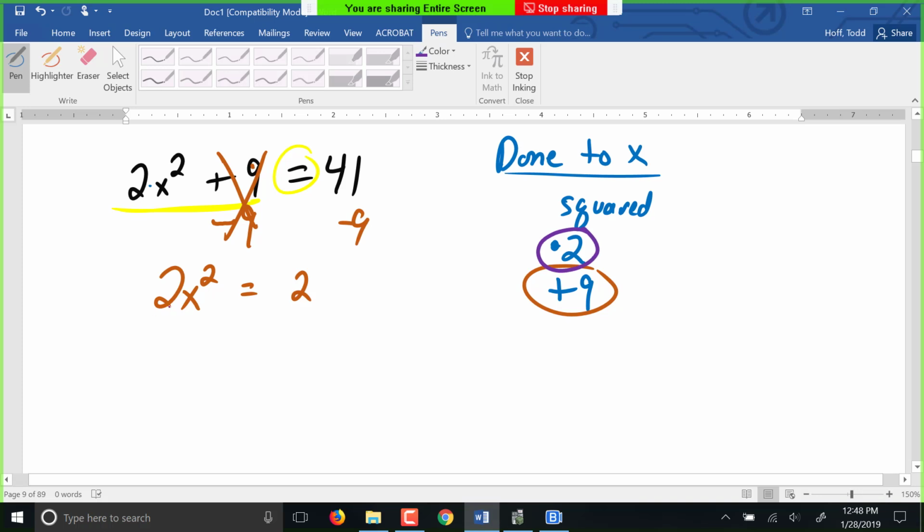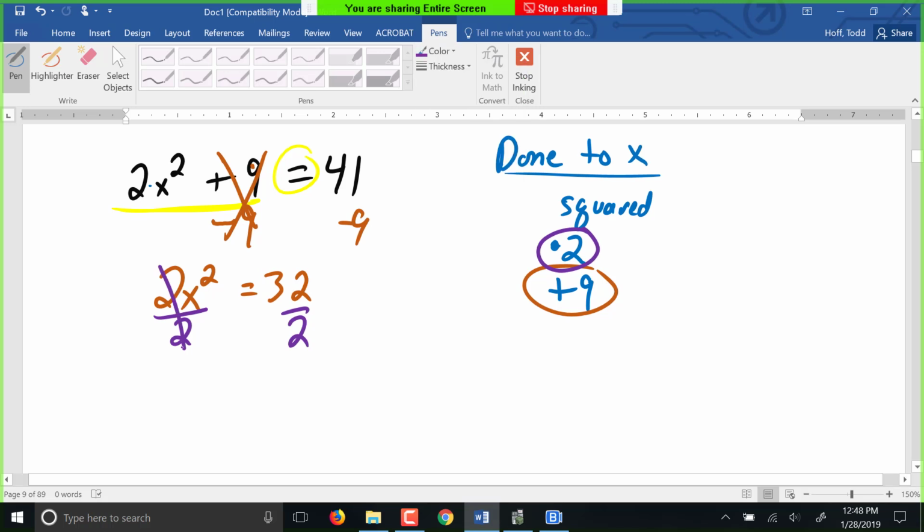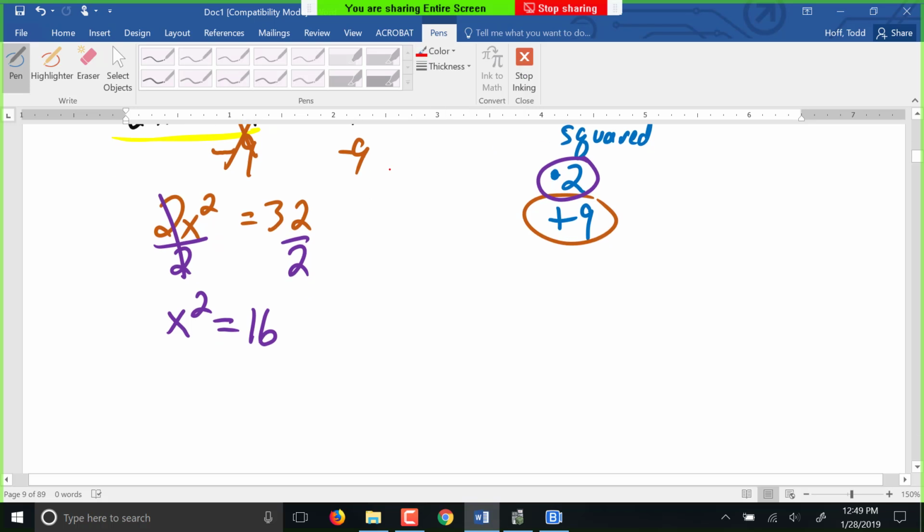So we remove the multiplication, so we divide by 2. Good. Again, we do it to both sides. There we go. So dividing by 2 on the left just removes that 2. We have x squared. What's 32 divided by 2? 16. Good. The last thing to remove is the squared.